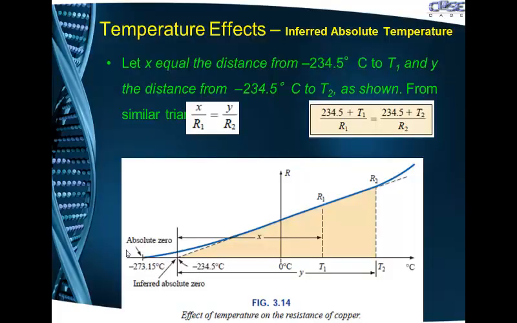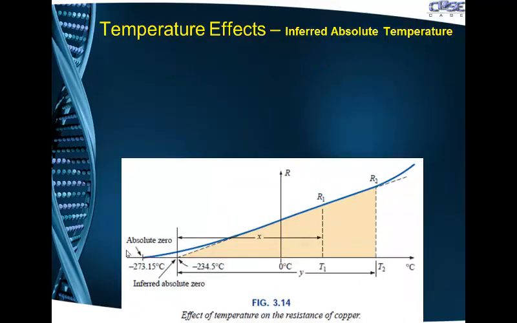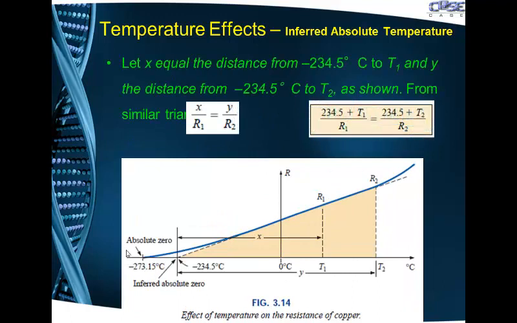So we can use this straight line to compute the resistance of any material at any temperature. For example, I can determine the resistance of copper at temperature T2 if I know the resistance of copper at temperature T1.